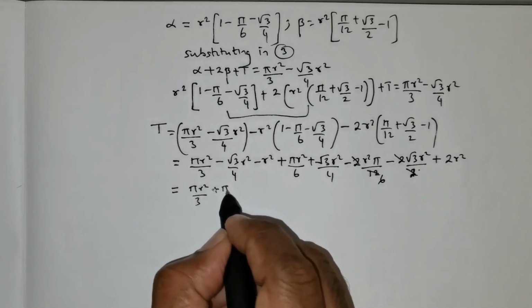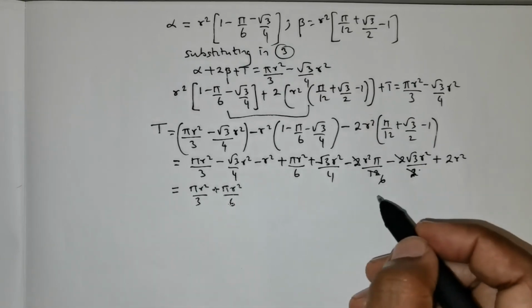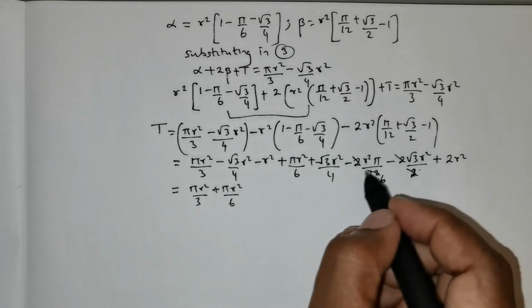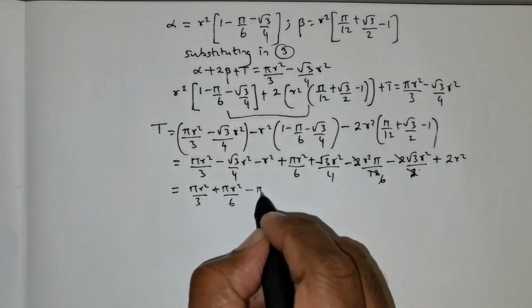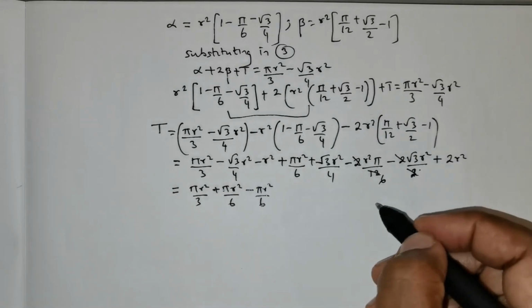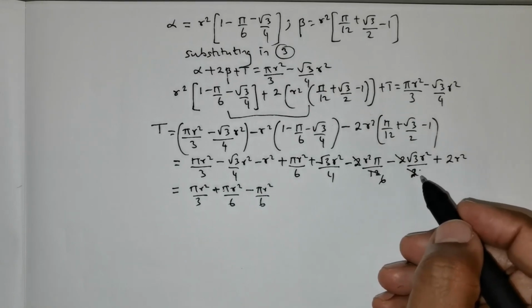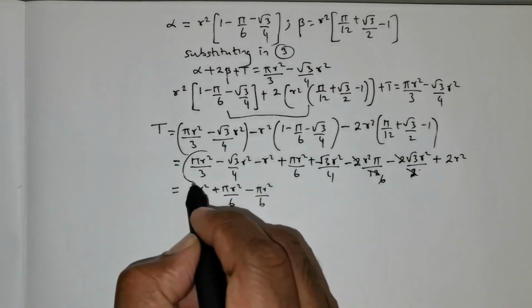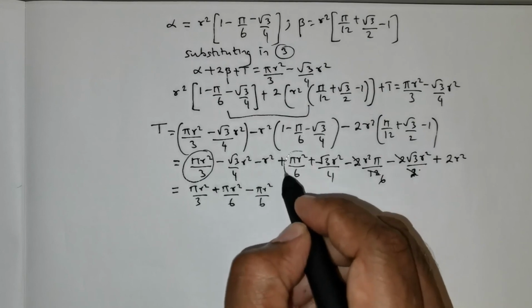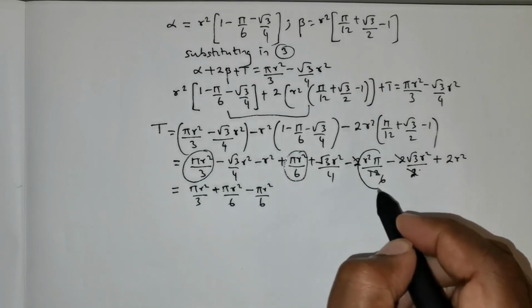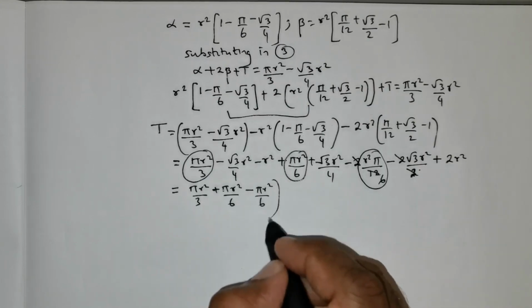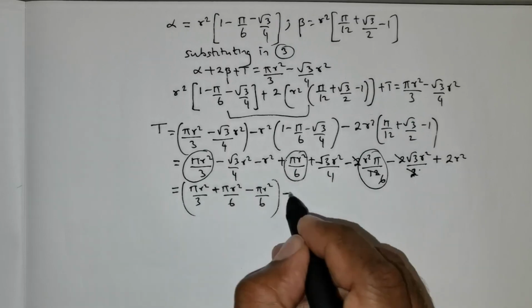I'm looking for the pi r squared term, adding together with pi r squared over 6, and then you have one more term. So this is going to be negative pi r squared over 6. And are there any other terms? I have taken care of these.